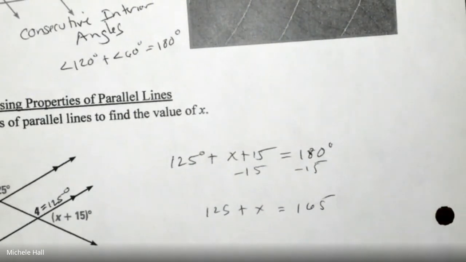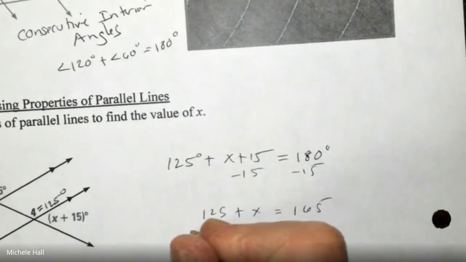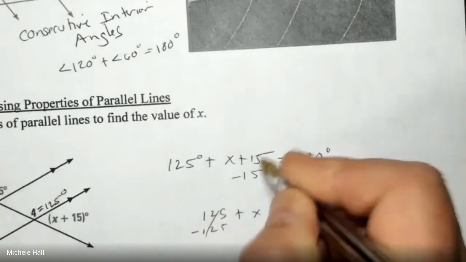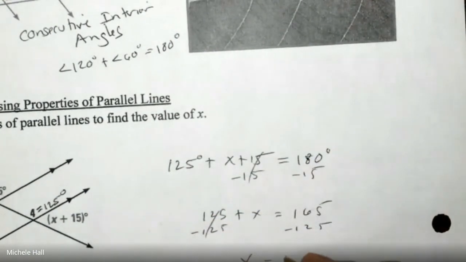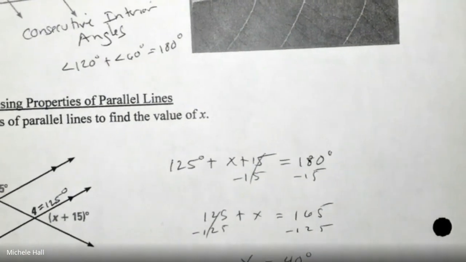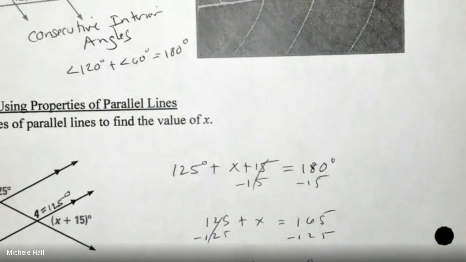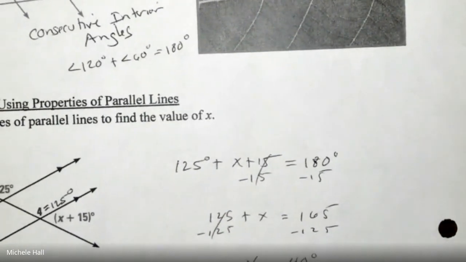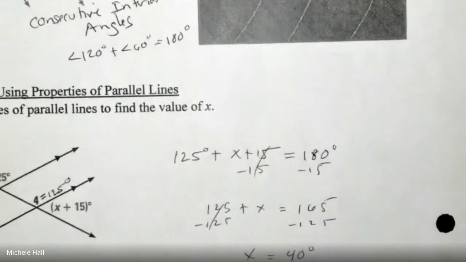So you shifted the 15 over to the right. Now you want to shift the 125 to the other side. You could have also added up 125 and 15 and then shifted it to the right. But again, I like students to do their algebra however they're thinking about it. And if they're doing it correctly, then I'm good with how you're doing it.